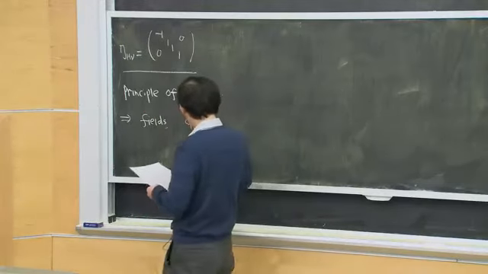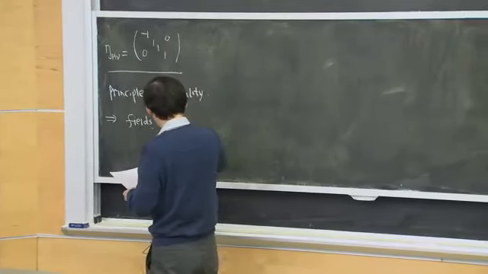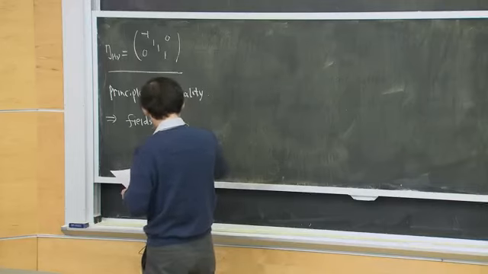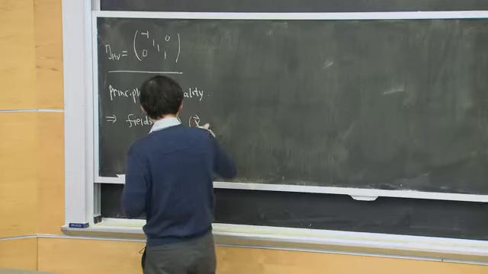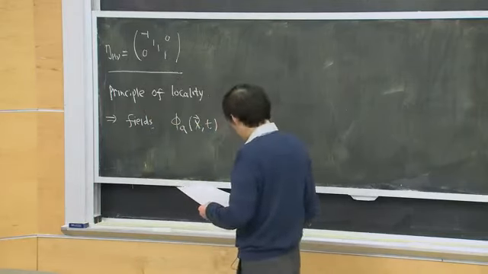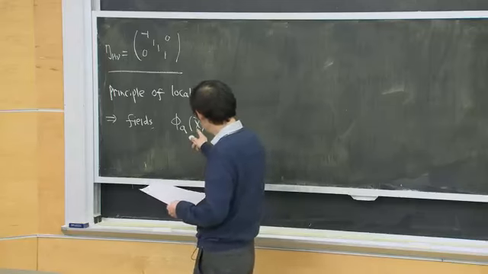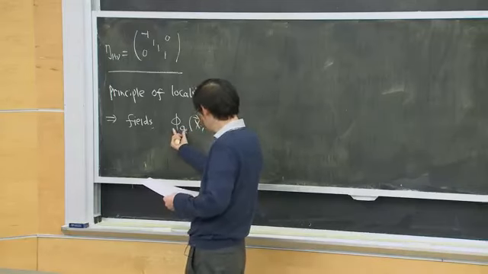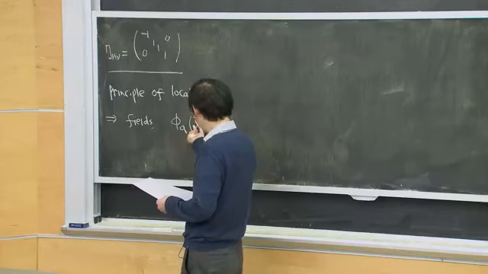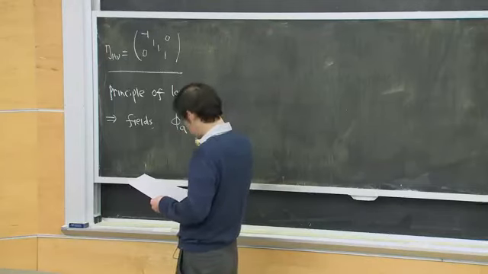Phi and A just label different fields, and the fields depend on spatial coordinate and also on time. Physically, you can think of this spatial dependence as the label for the degrees of freedom. At each spatial point, there is a degree of freedom, and the time describes its evolution.